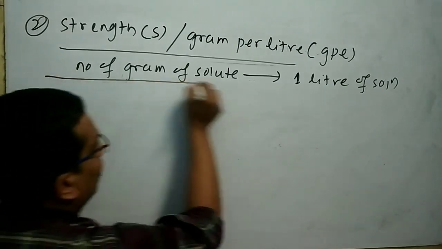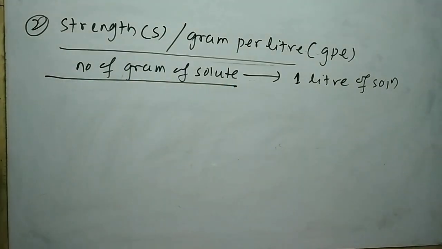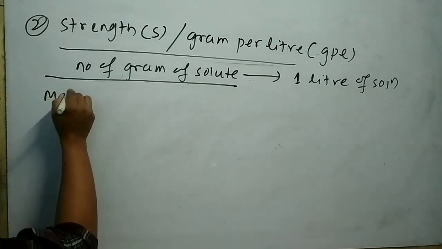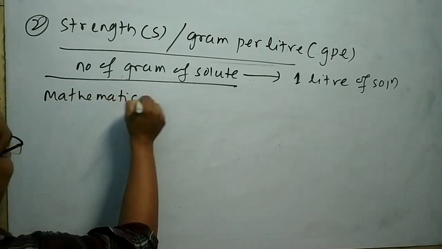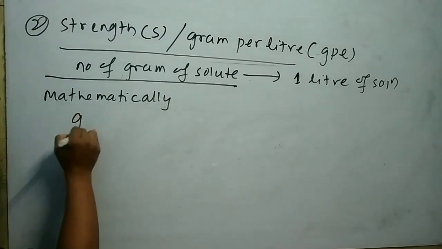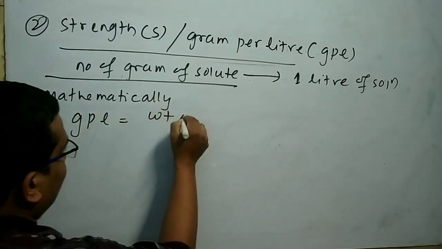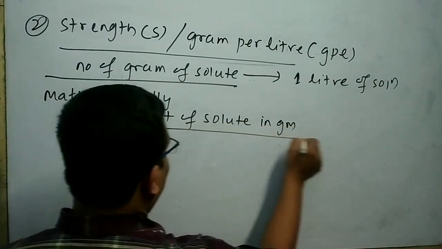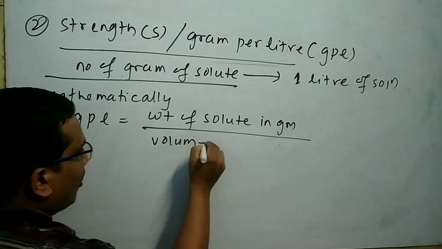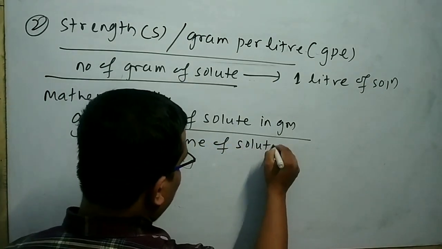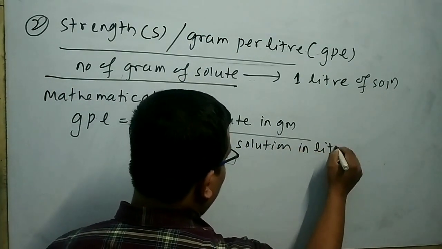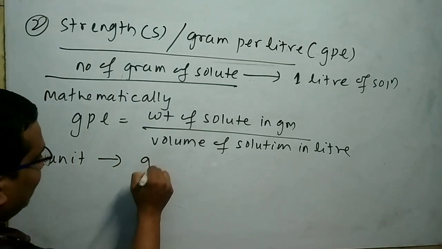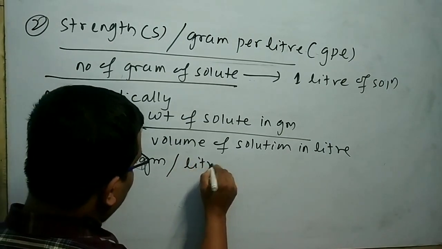How many grams of solute are present in 1 liter of solution? That is called the strength of the solution. Mathematically, I can write GPL equal to weight of solute in gram divided by volume of solution in liter. The unit of GPL is gram per liter.